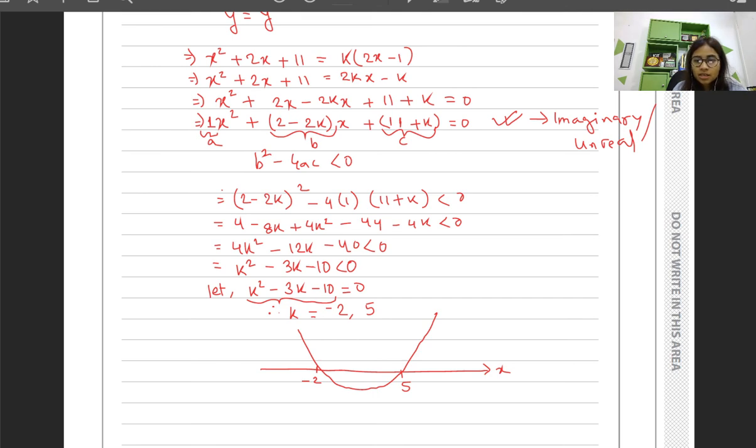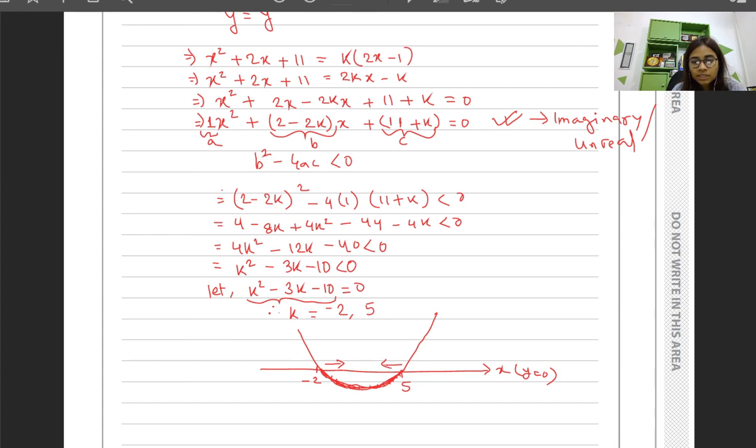So this is the y = 0 line. The curve has to be beneath the y = 0 line. If you look, this part of the graph is below y = 0. So for this part of the graph, the value of k needs to be greater than -2 and less than 5.